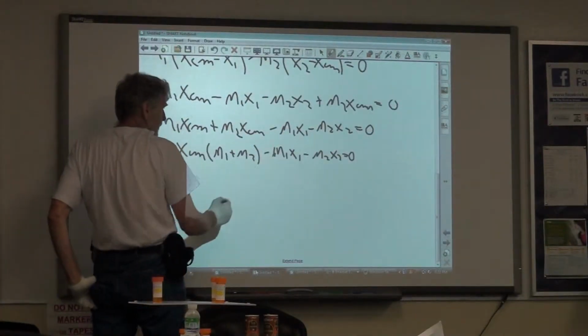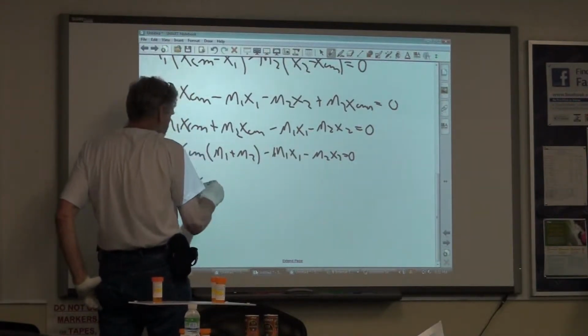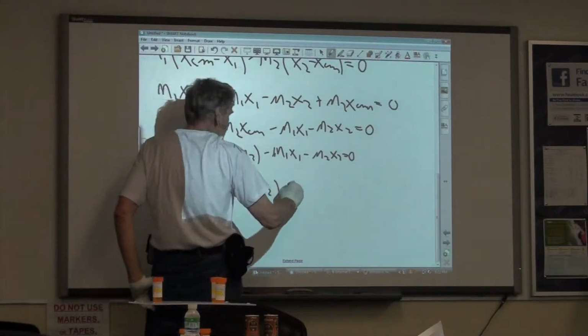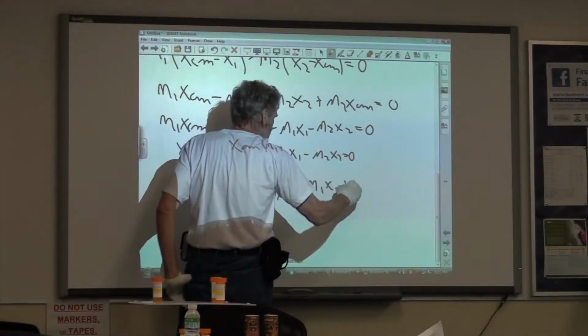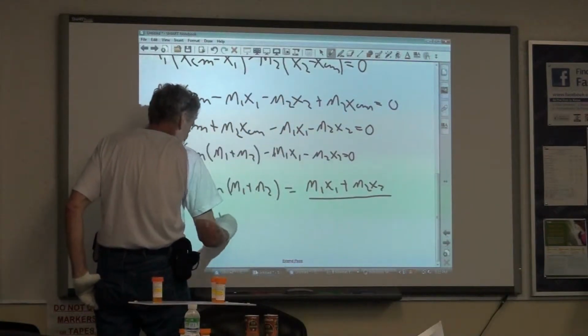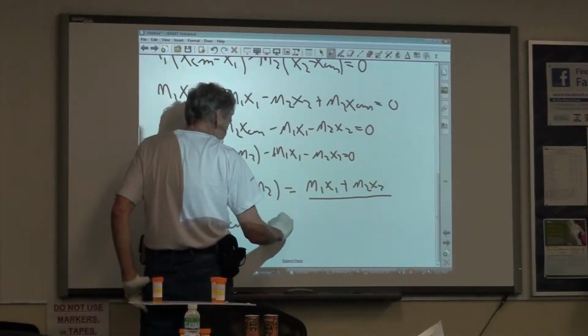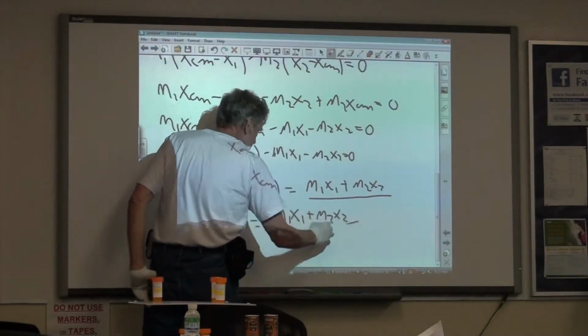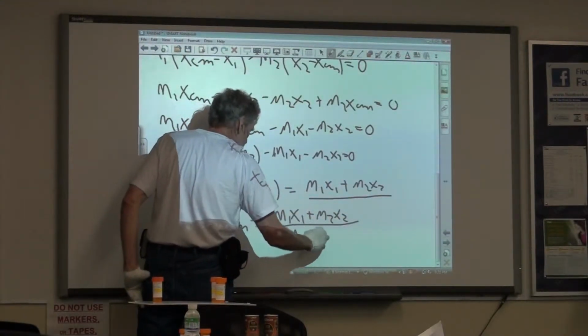Now, I'm going to put the minus signs on the other side again. We have xcm times (m1 plus m2) equals m1 x1 plus m2 x2. Okay, so now solving for xcm, it equals (m1 x1 plus m2 x2) over (m1 plus m2).